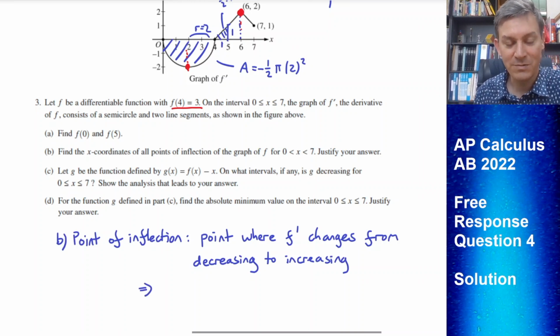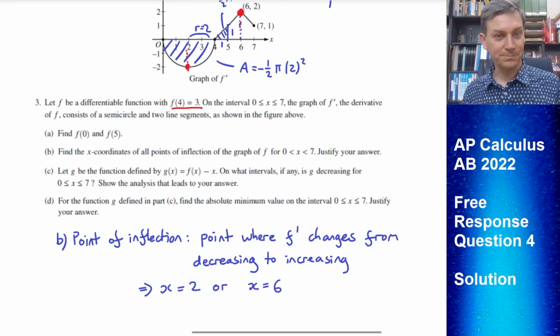And as I said, that only happens at 2 points, where x is equal to 2 or x is equal to 6. Okay, that's the end of part B.